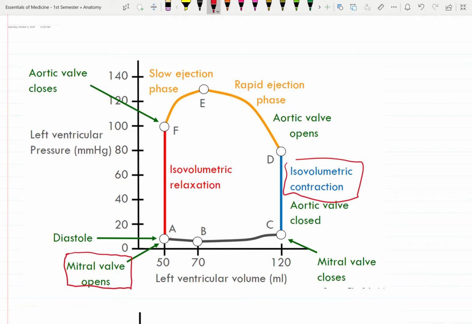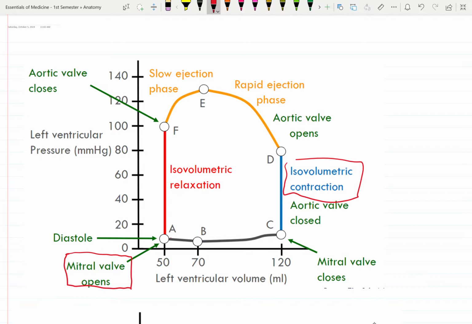Now, how would you do that? Well, in order to do that, you gotta have both valves closed. Okay? And so the mitral valve is closed due to the ventricle pressure exceeding the left atrium pressure, but the aortic valve is still closed.